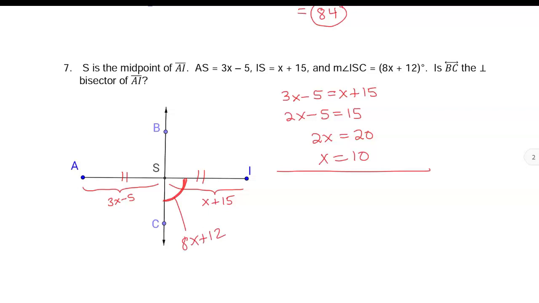Is BC the perpendicular bisector of AI? So what that means is, is angle ISC a right angle? Because if ISC is a right angle, then I know I have a 90-degree measure there. Then I can say those two lines are perpendicular to each other. So let's check.